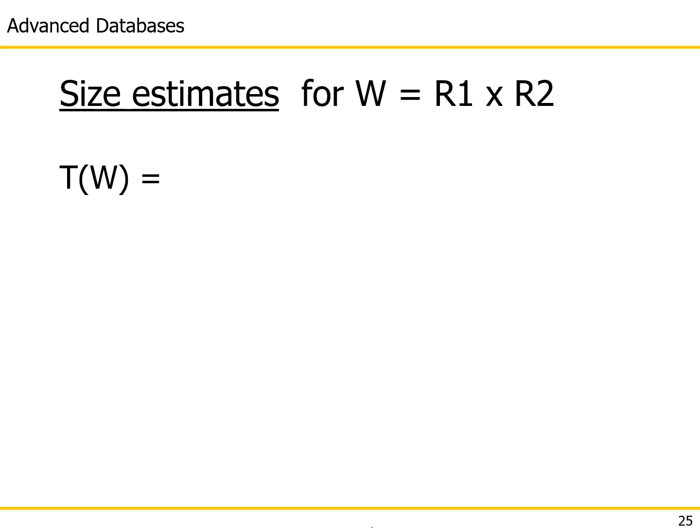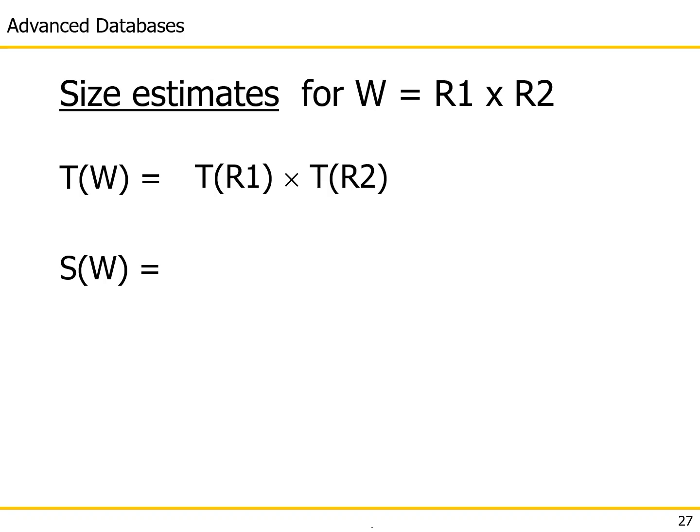So the total number of rows, T of W, is going to be T of R1 multiplied by T of R2, because I'm doing this blind pairing between the rows in R1 and the rows in R2. So if this has 5 rows and this has 10 rows, cross product means I'm going to get 50 rows. And that's what this is saying. The size of R1 multiplied by the size of R2. Now, I mean the size here, the number of tuples in R1 multiplied by the number of tuples in R2.